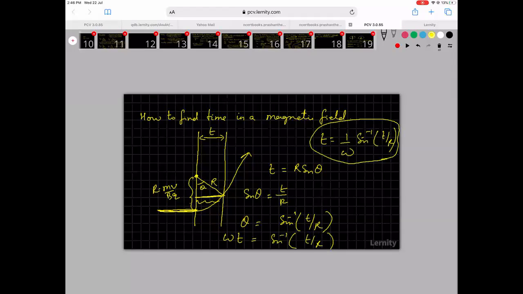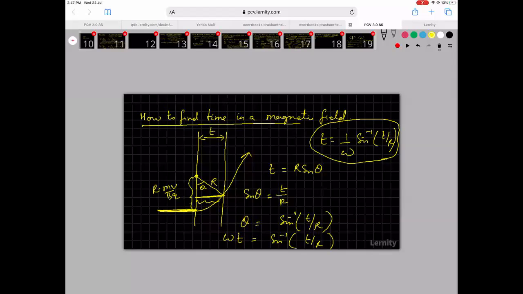Think about it. They're asking me how to find the time spent in a magnetic field. Suppose it came this way and then it went away like this. If we know the thickness of the magnetic field, then I know the radius, then I know omega. Omega, you know how to calculate, 2 pi m by bq.